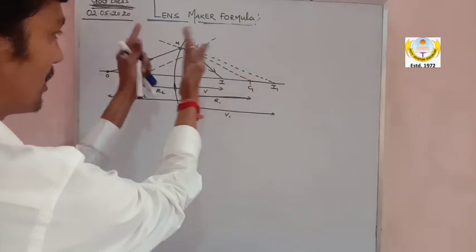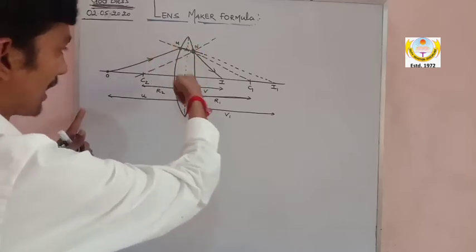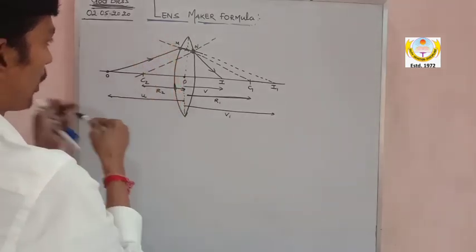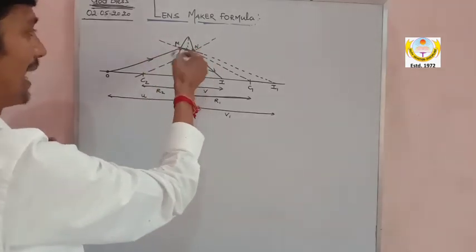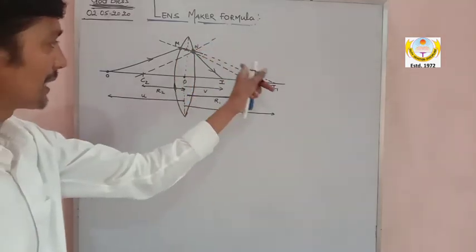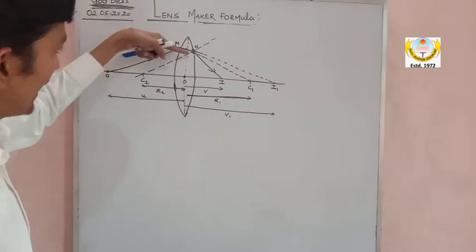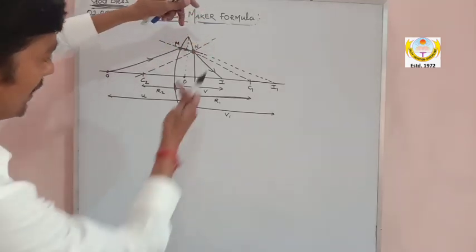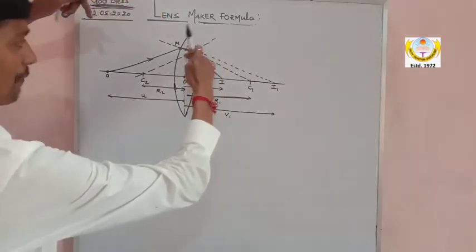Now you must have understood, sir, at this surface the normal is at N. At this surface, look my diagram, earlier diagram. At this surface the normal is N, and at this surface the normal is at N. And here, in first case, the light is bending towards the normal, and in the second case, because normal is this now for second surface, the light is bending, this is the light, this one, the light is bending away from the normal.